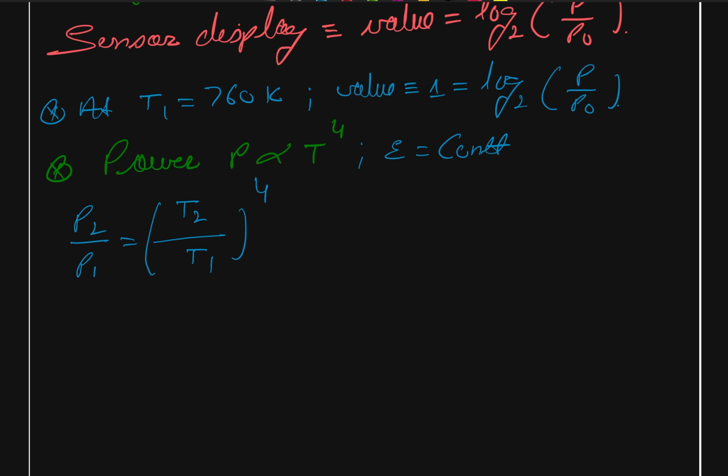And so we can remodify this particular at temperature T1. So at T1 we have 760 Kelvin, and we know that this particular value is equal to 1. Okay. So let me write.